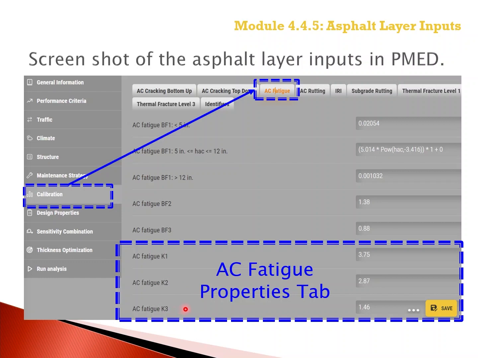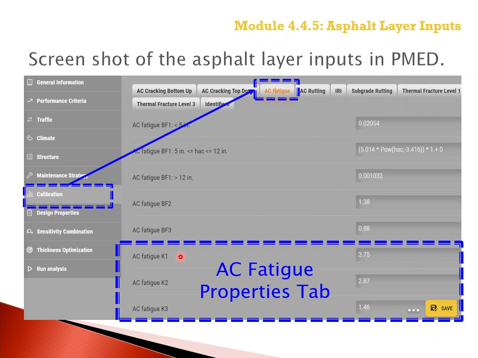The fatigue strength coefficients are measured in the laboratory and are defined and explained in a latter section of this module. Also, the fatigue strength coefficients, as shown on this screenshot, are only applicable to bottom-up fatigue cracking, which is determined from the lower dense graded asphalt layer itself.